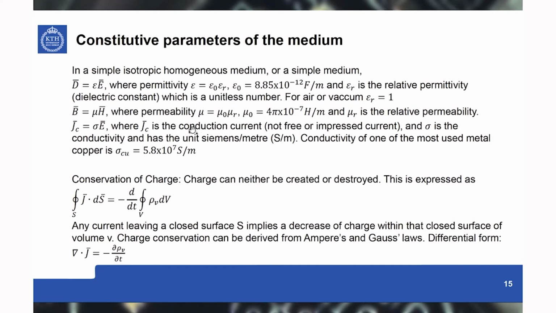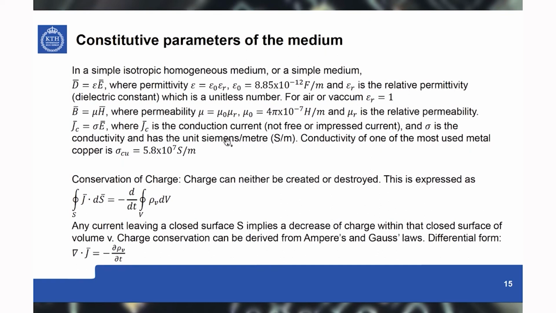This current results due to the action of E. So it is not independent of E. You can have a current that is imposed upon it, but that is not included in this relationship. And conductivity, sigma, has the unit Siemens per meter.